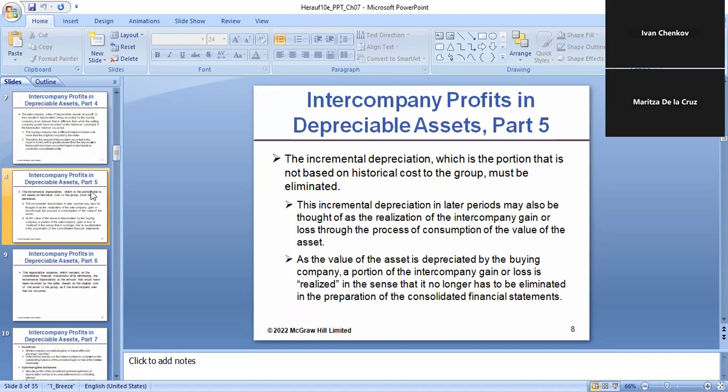This incremental depreciation must also later be brought in as realized intercompany gains and losses through the process of consumption of the value of the assets.